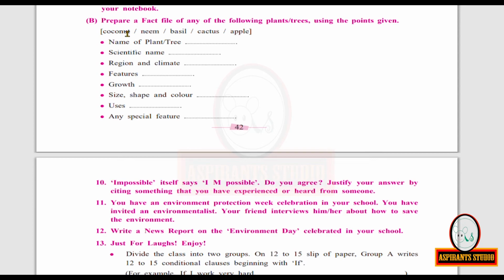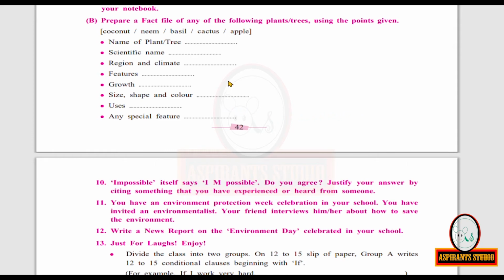You can select the first one, coconut, and write the fact file for that. You have to give a title to it. Then subtitles. Subtitles are given here. They are very important. And write some sentences against each.